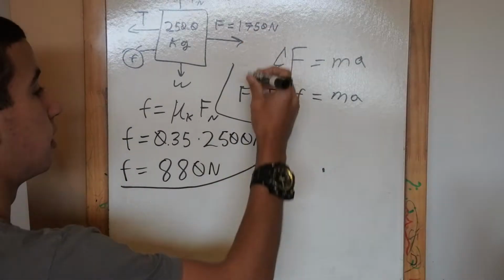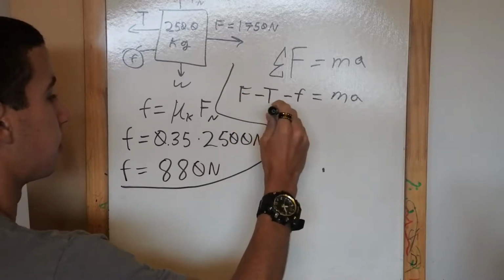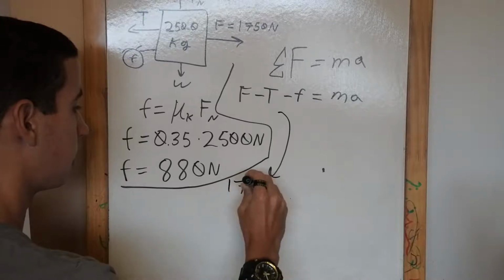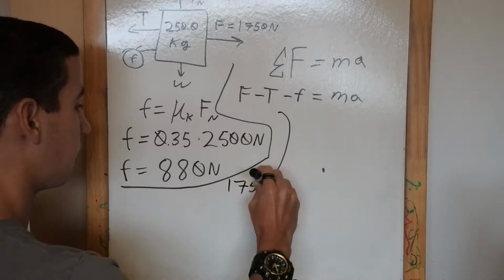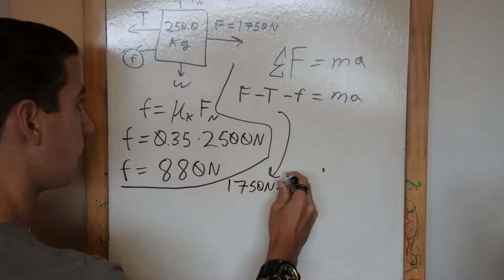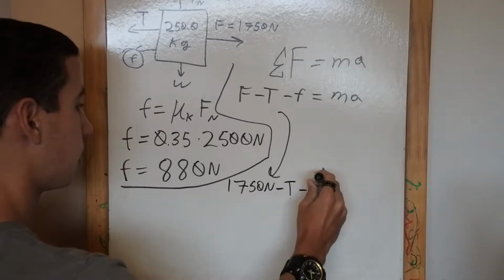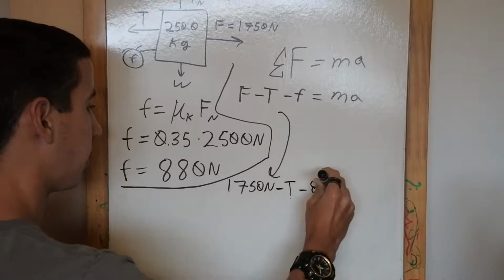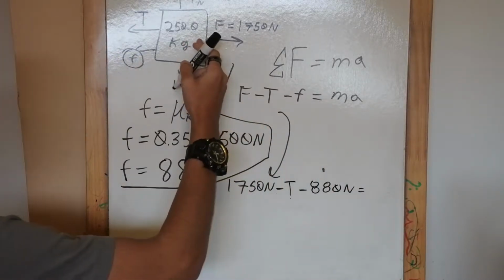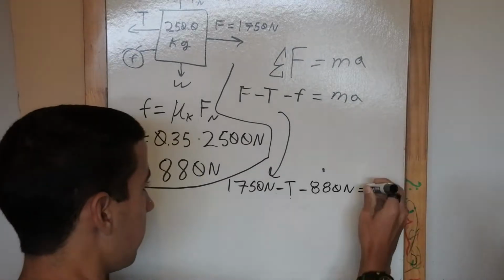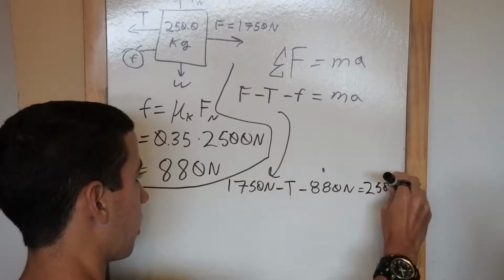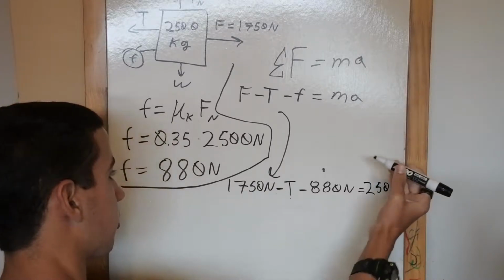So first thing we do is, I'm going to bring this down here for more room. 1750 newtons minus T minus 880 newtons equals the object's mass, 250 kilograms, and then times acceleration, which will go off the board.